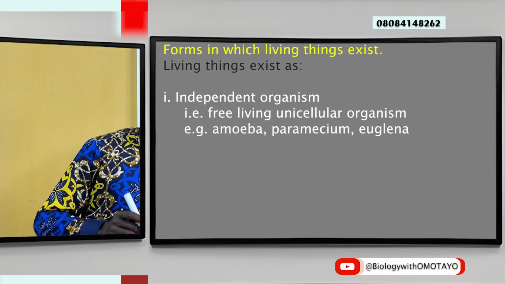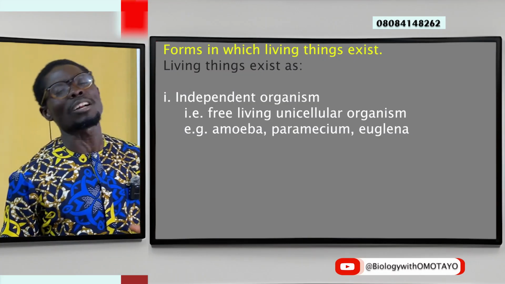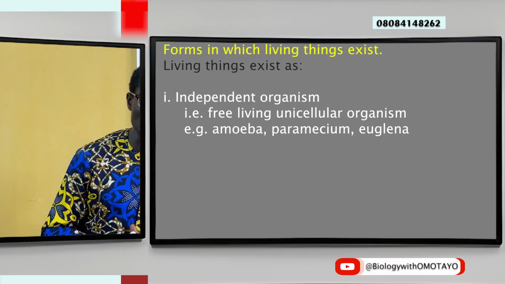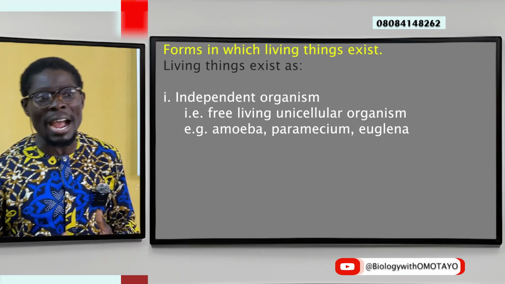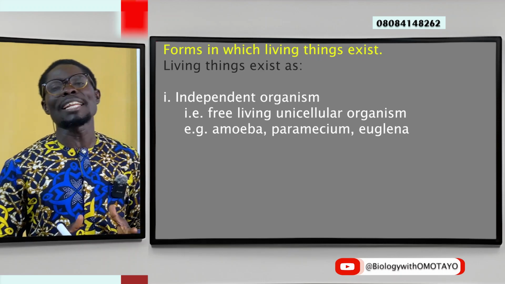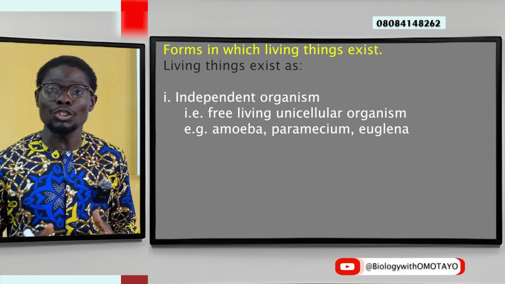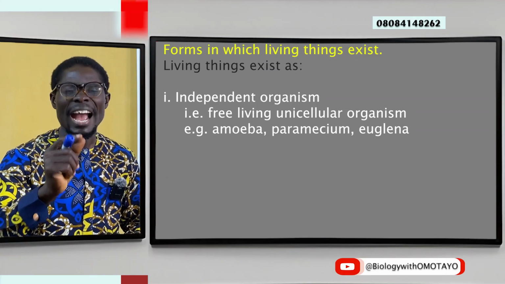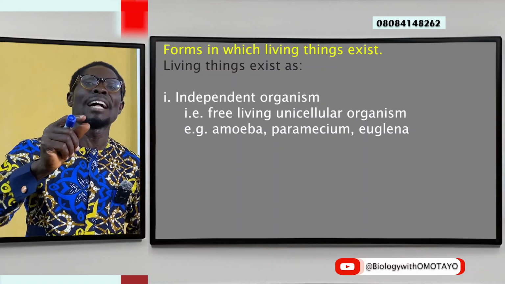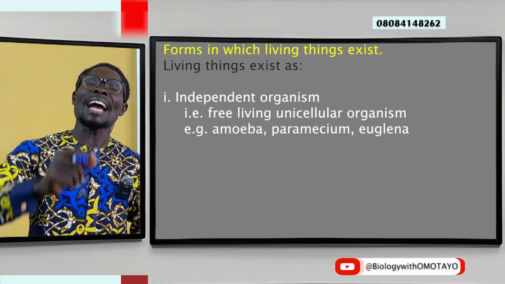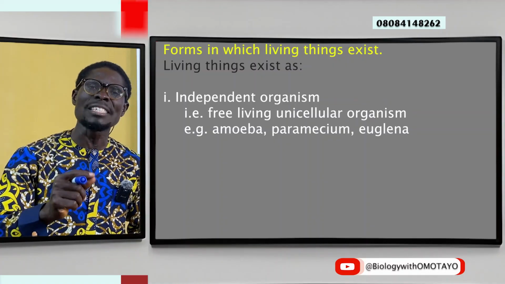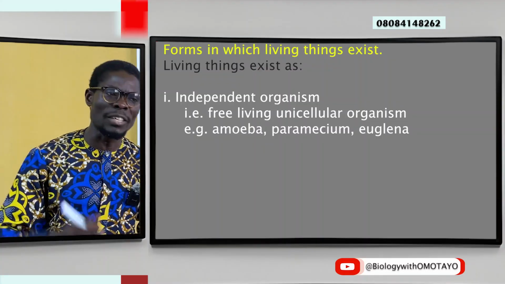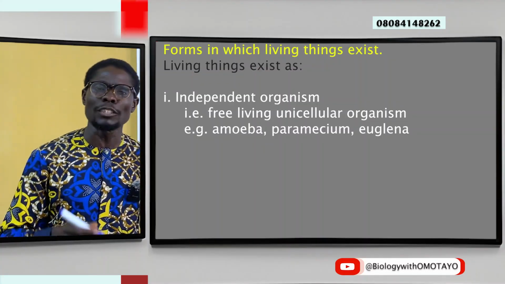These are free living organisms, like amoeba, paramecium, euglena, Chlamydomonas, and so on, that exist at the level of a singular cell and exist as singular cell independently and carry out all activities associated with a living thing. Just as I said, independent organism, and I mentioned a few of them.